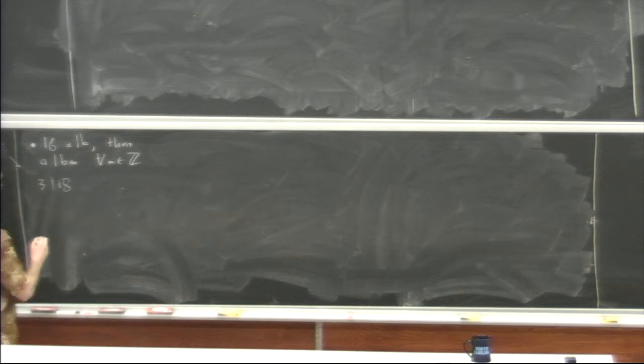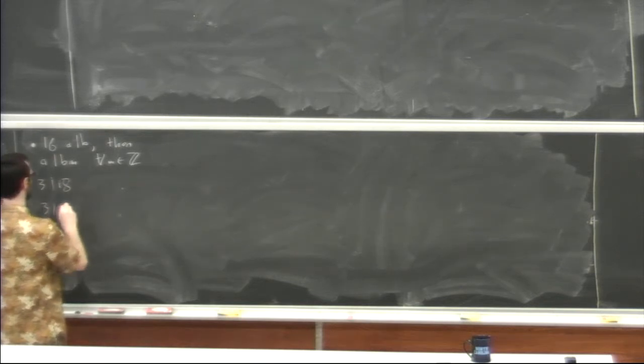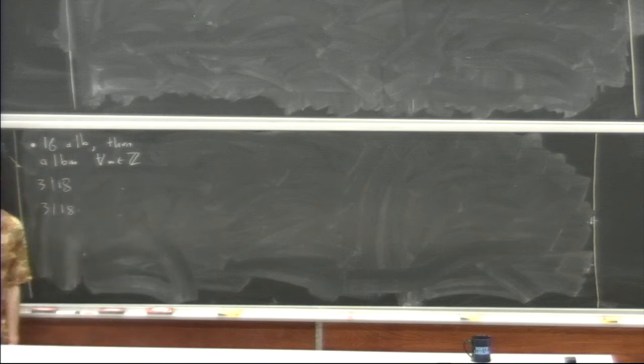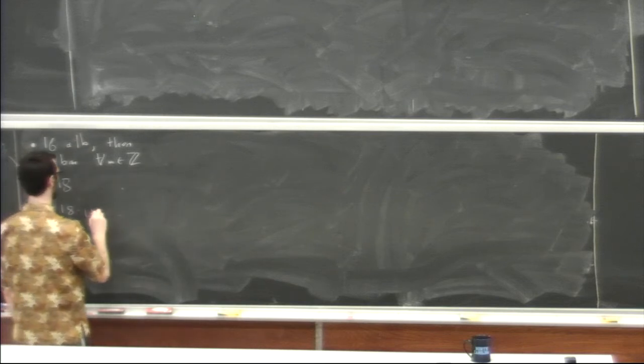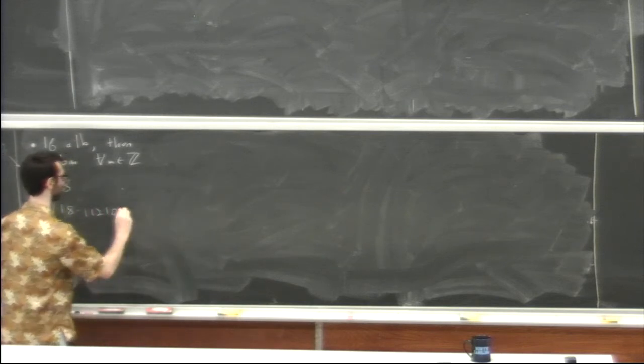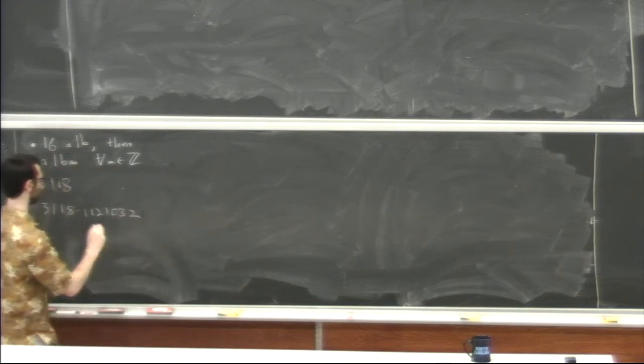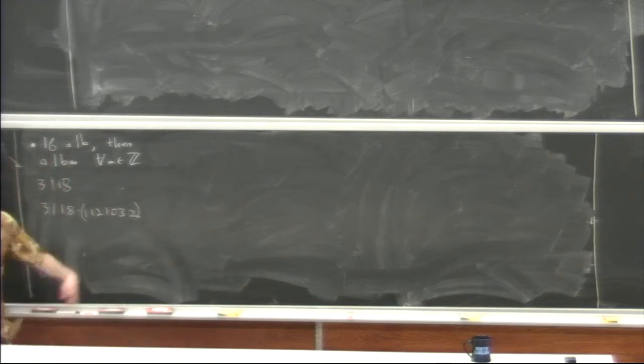If 3 divides 18, then I know that 3 divides 18 times any integer. I don't know what integer to pick. 1, 1, 2, 1, 0, 3, 2. Who cares? I pick any integer, and I know that 3 will divide this big product.